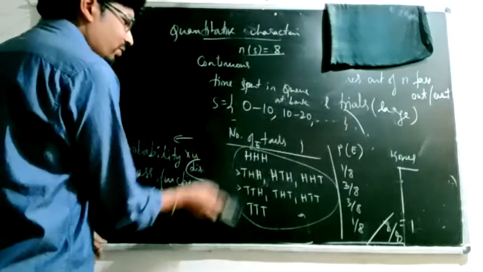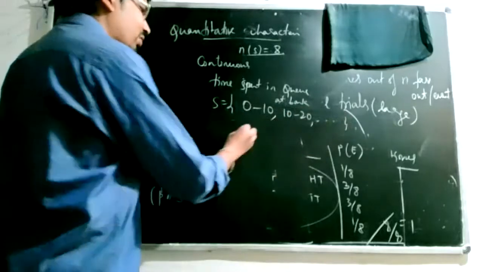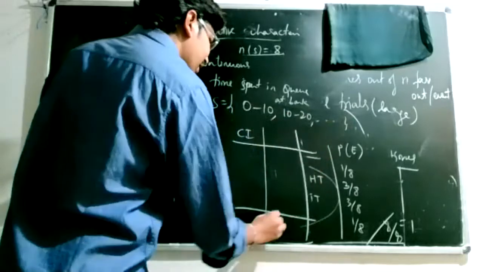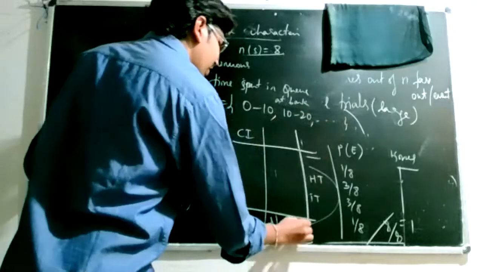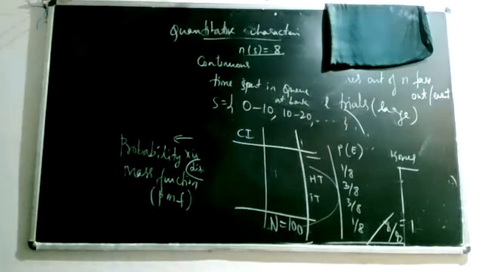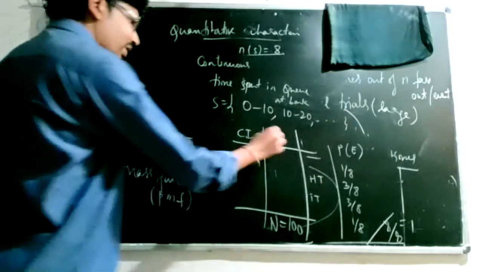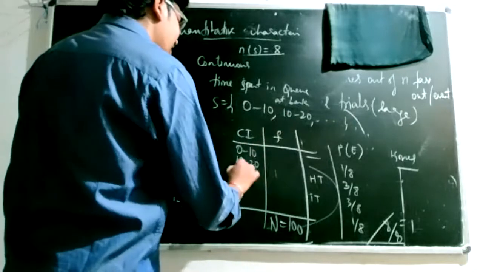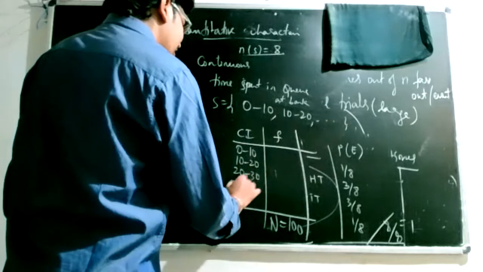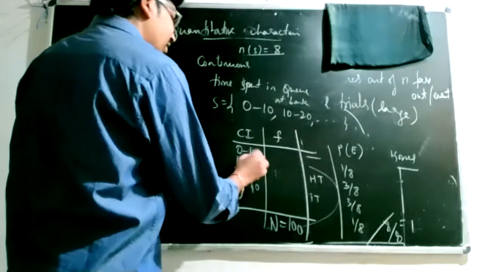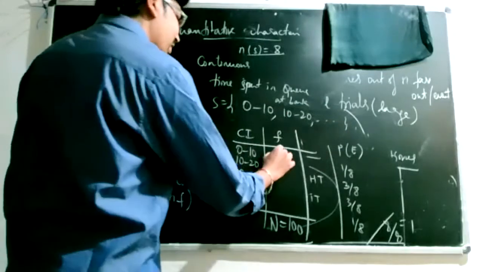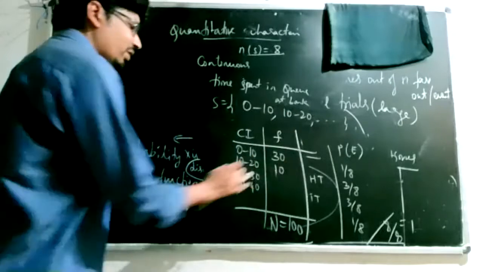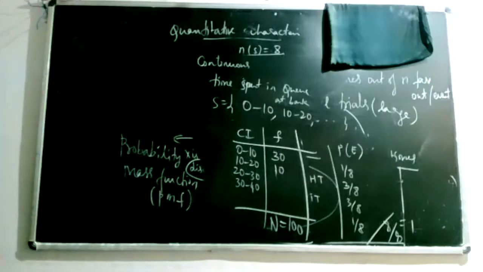Again, we are talking about the concept of a continuous frequency distribution. Say you have made 100 past visits to the bank. You create your frequency distribution out of these 100 visits: in maybe 30 cases you spent between 0 to 10 minutes, and in 10 cases you spent 10 to 20 minutes.